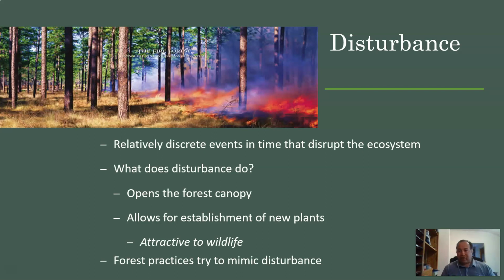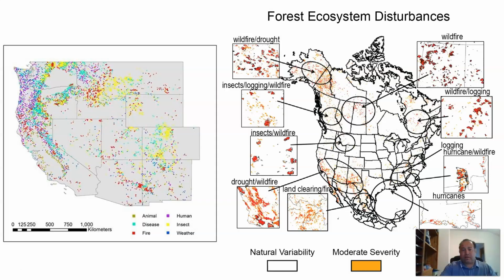And so really understanding disturbance and succession is really going to help foresters and forest practices with their management, to get it to mimic as close as it can these disturbance and succession patterns. So there's lots of different types of disturbances: wildfire, insects, logging, drought, hurricanes, all sorts of different things that happen in different places.